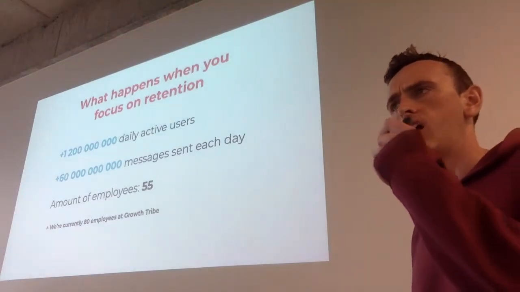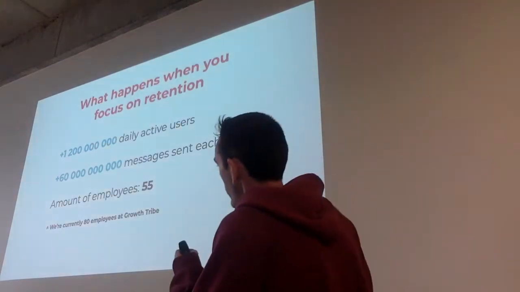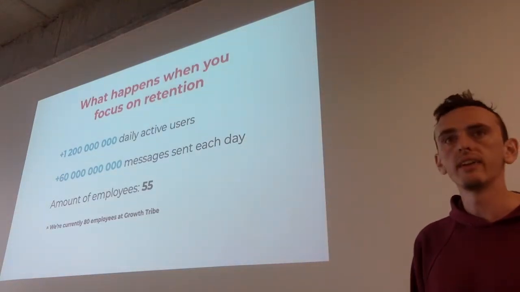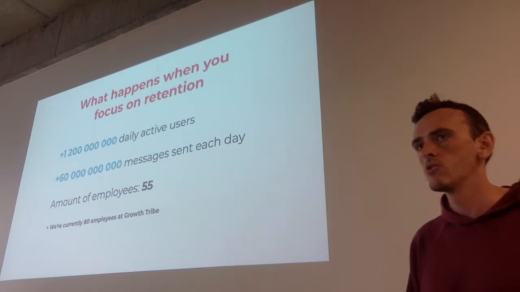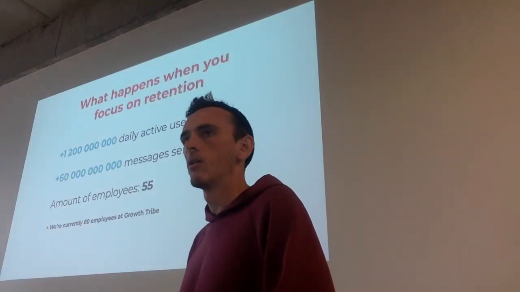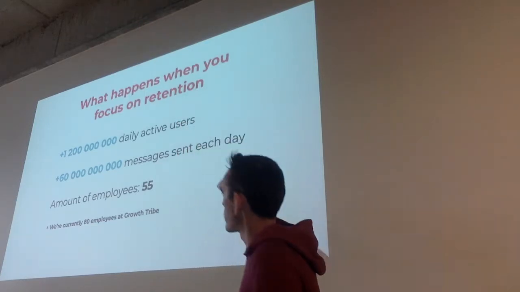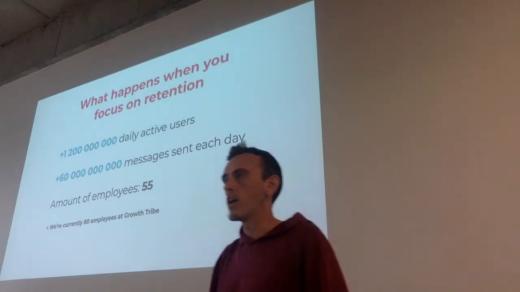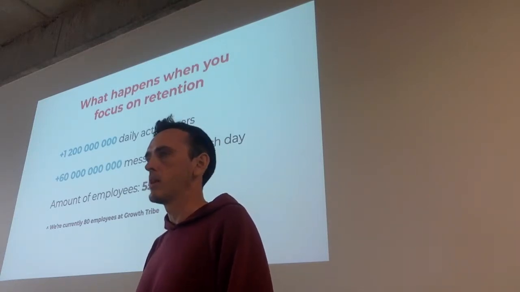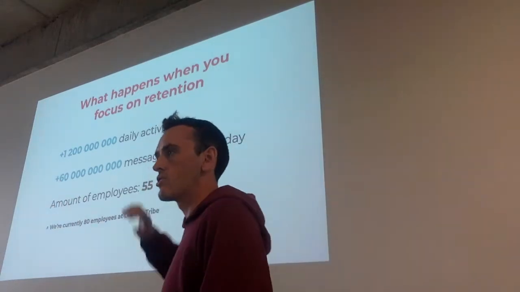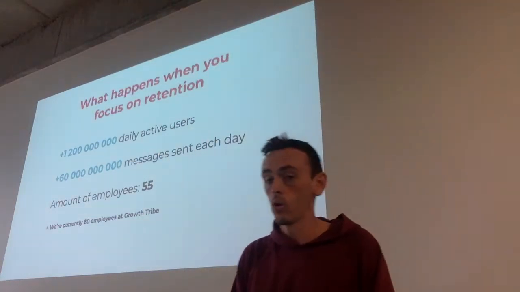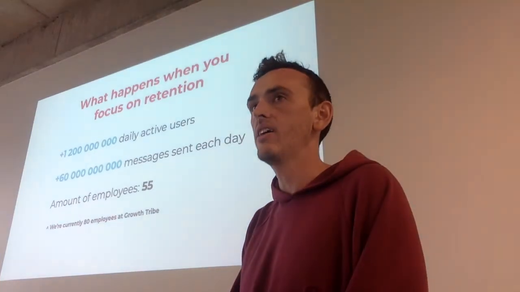And then what happens when you focus on retention? So these are the last shared numbers of WhatsApp. Currently they're doing 1.2 billion daily active users. This is not registered users or users that are visiting the app or page views. These are daily active users, which means that they go onto WhatsApp and they send a message. So every single day there's 1.2 billion people on this planet who decide to go on WhatsApp and send a message. Furthermore, they transmit 60 billion messages per day.